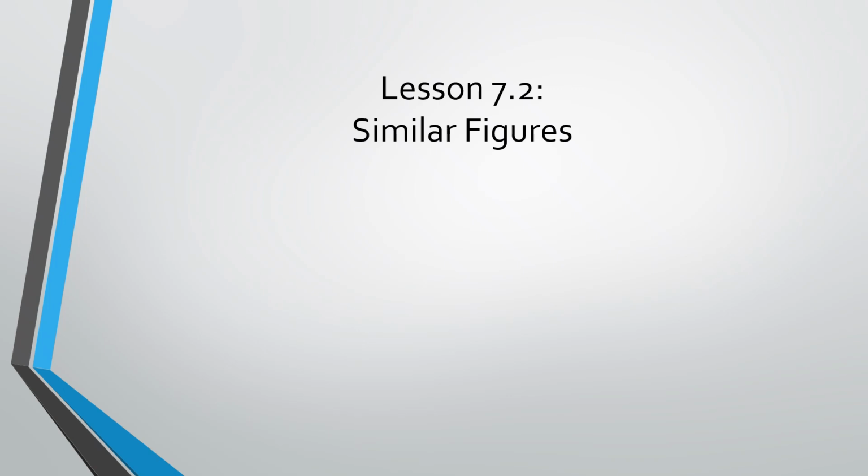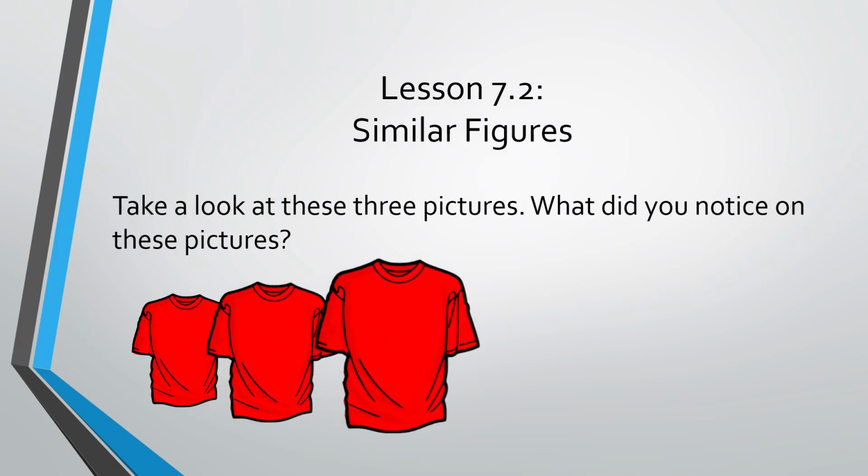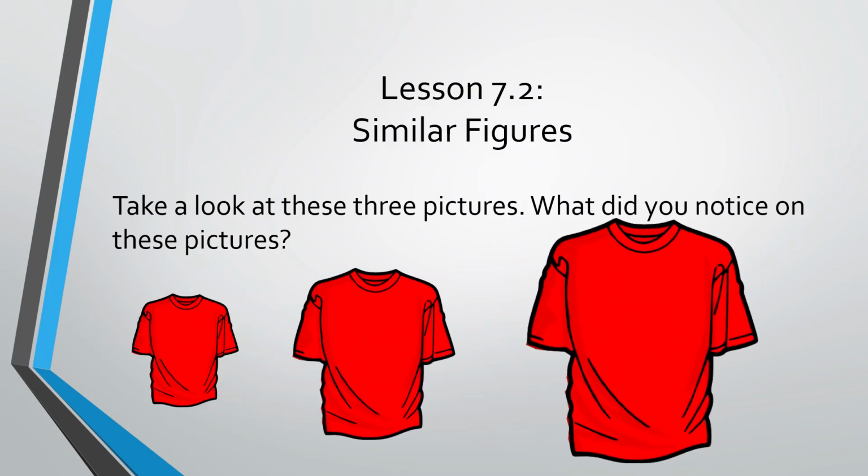How about this next one? Take a look at these three pictures. What did you notice on these pictures? I have here a red t-shirt, and let's have this one. What did you notice? We have here three t-shirts of different sizes: the small, medium, and large.